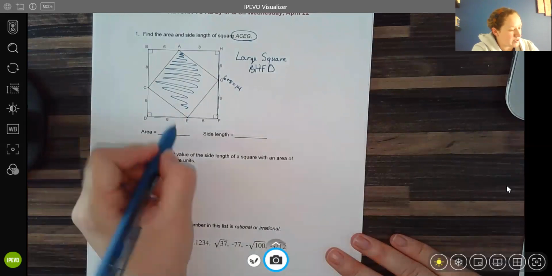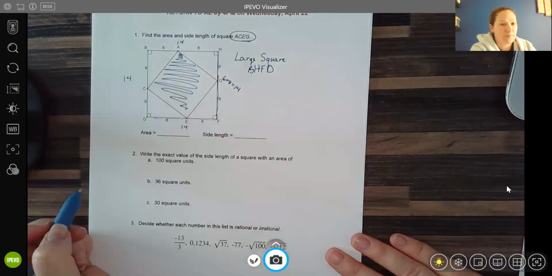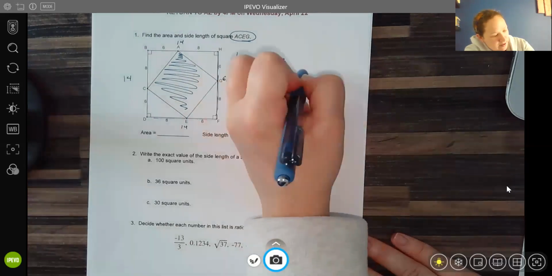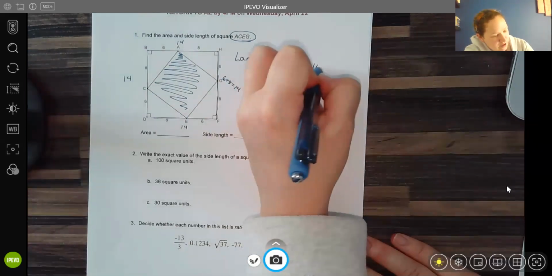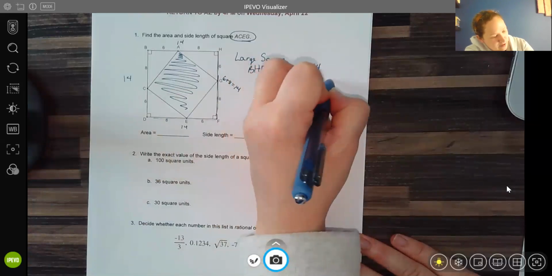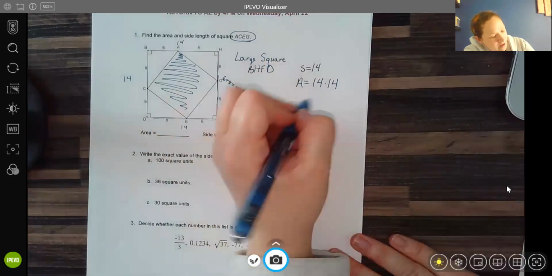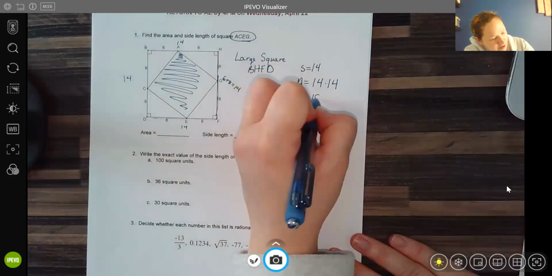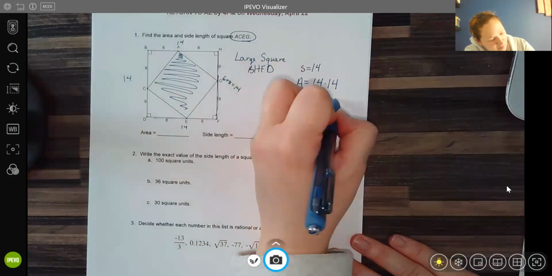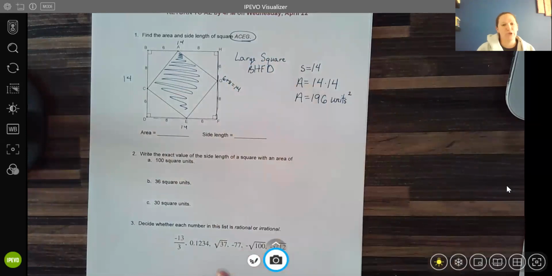This side is also 14, 14, and 14. Okay, so my side length equals 14, which means my area is going to be 14 times 14, and that happens to be 196. Again, my units are going to be units squared, or units to the power of 2.